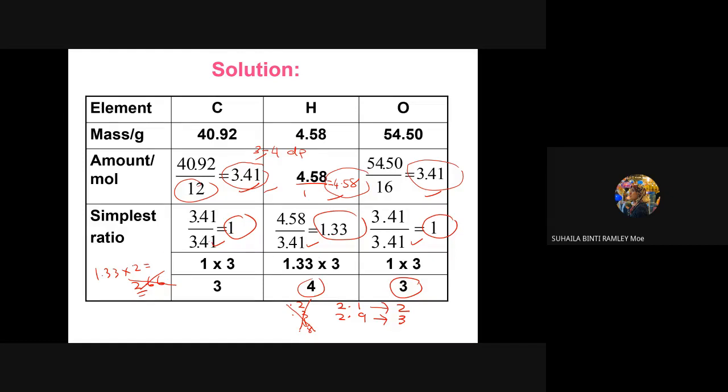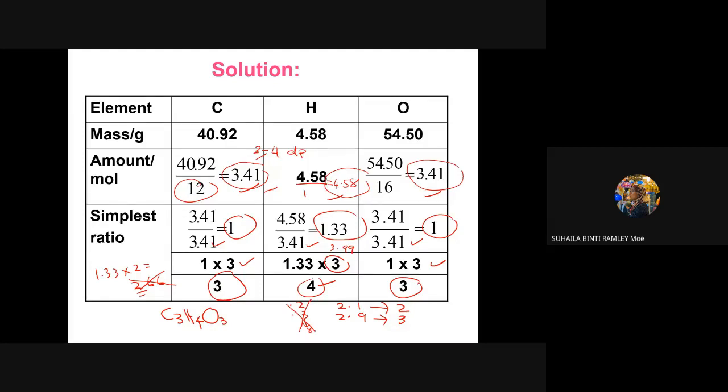So we go to the second choice, which is 3. 1.33 times 3 will become 3.99. So 0.9 we can round off jadi 4. If we multiply hydrogen punya ratio with 3, yang lain pun perlu multiply by 3. So finally we get 3, 4 and 3. So empirical formula is C3H4O3.